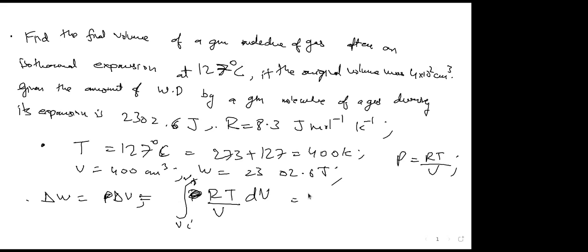What do you get? You get RT log V2 divided by V1. Correct? Yes sir. So work done आपको दिया हुआ है, 2302.6. R दिया हुआ है आपको 8.3. टेम्परेचर दिया हुआ है आपको 400. आपको ये log V2 by V1 निकालना है.